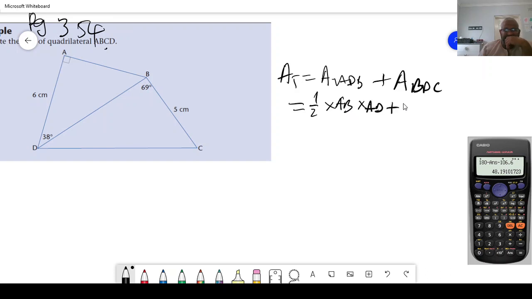Plus, now the area of this triangle, I need two lengths and the included angle. Since I've got that angle there, I need to calculate that length. So there are the two lengths and the included angle. In other words, it's going to be half BC times DB times sine of angle DBC.